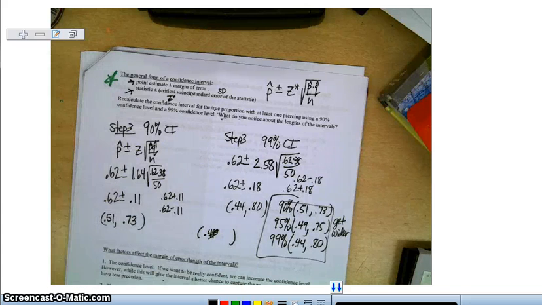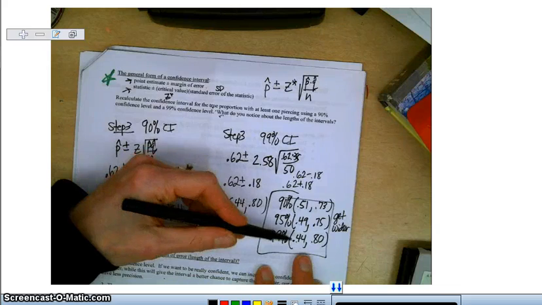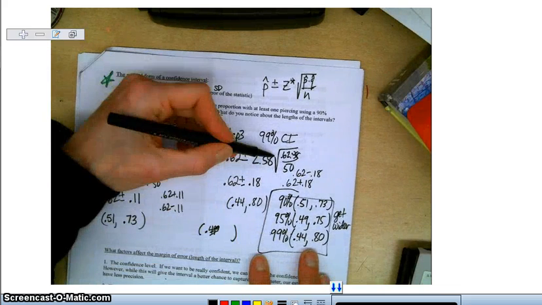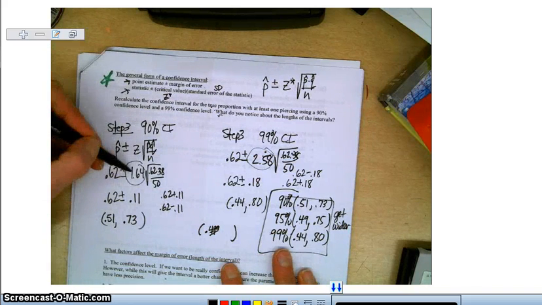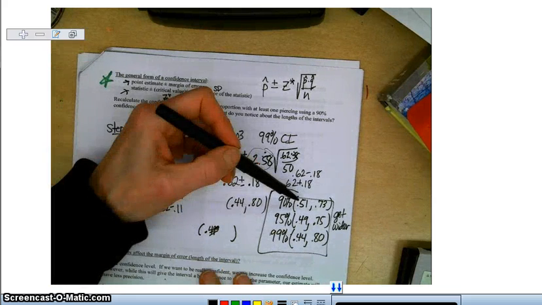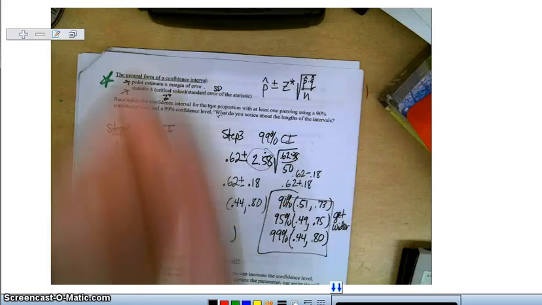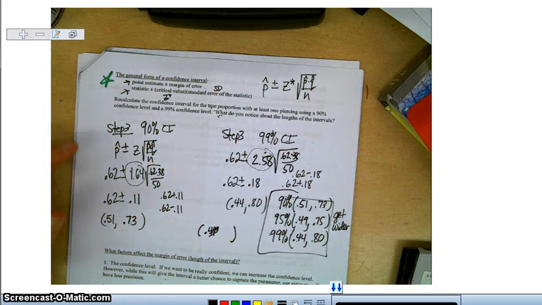The wider the interval, the more confident you can be because you're capturing more values. So 99% is going to be the widest one. Think about it. We were allowed to go 2.58 standard deviations away, whereas in a 90%, we were only allowed to go 1.6 standard deviations away. So the more confident you are, the wider your interval is because you're capturing more of the stuff.